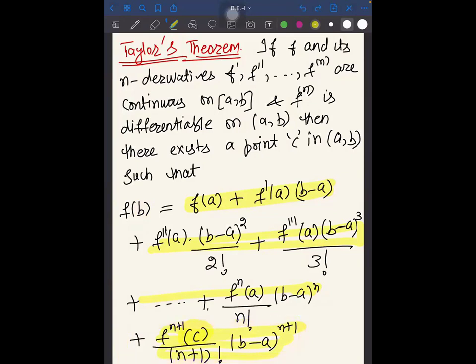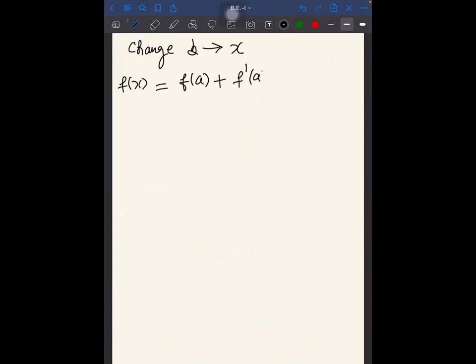So basically we're gonna change that b into x and we'll write it as f of x is equal to f of a plus f dash a into x minus a plus f double dash a upon 2 factorial x minus a whole square plus so on.